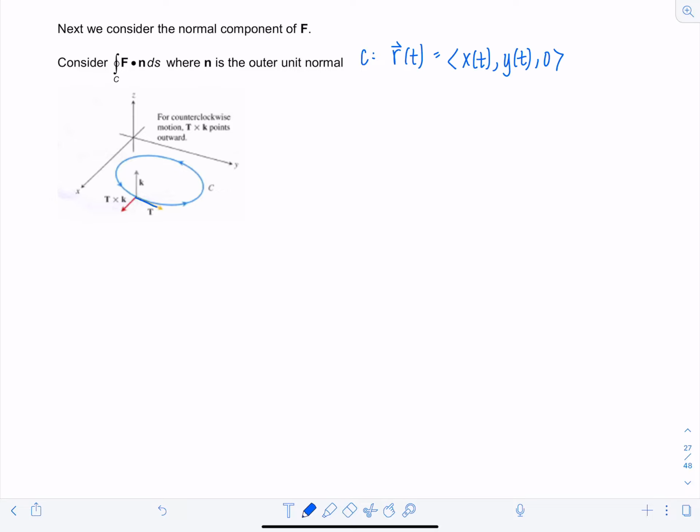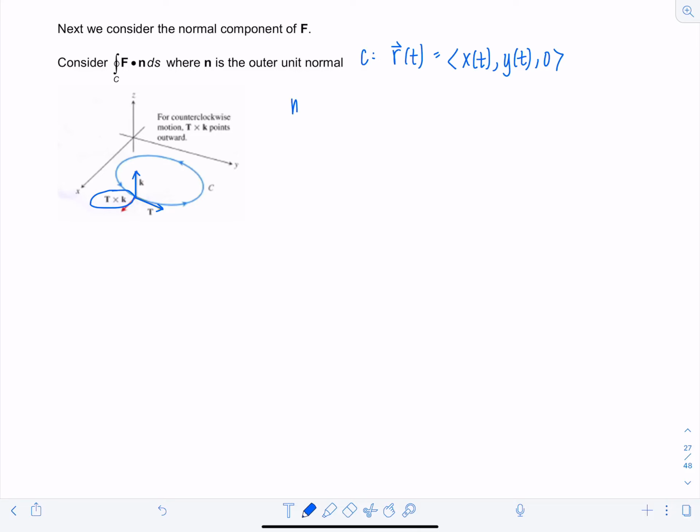And then we have this unit tangent T traced out along the curve, and k hat, that's that same special unit vector 0, 0, 1 from before. Well, if I take the cross product of T and that vector k, T crossed with k will give me N, my outer unit normal.